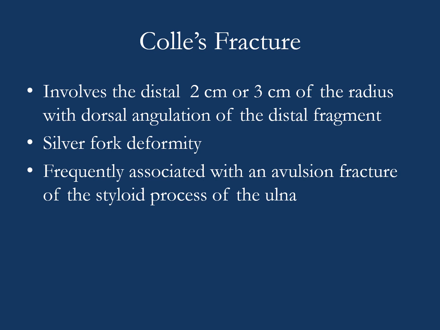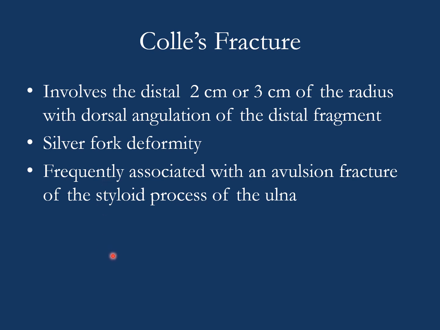What is Colles fracture? Colles fracture involves the distal 2 or 3 centimeters of the radius with dorsal angulation of the distal fragment. You know that this is the so-called silver fork deformity. And this is important, no?